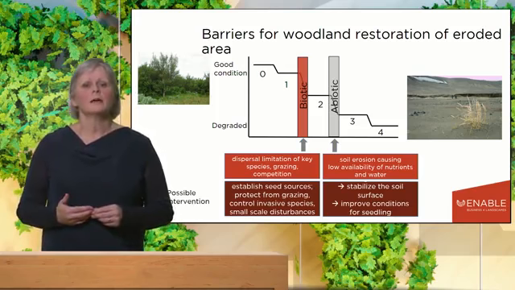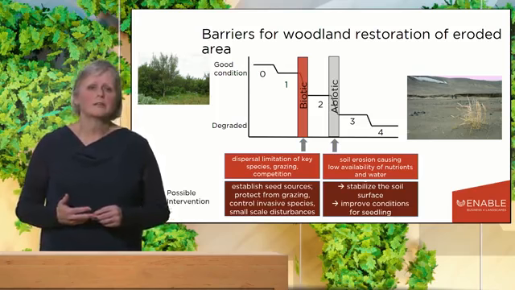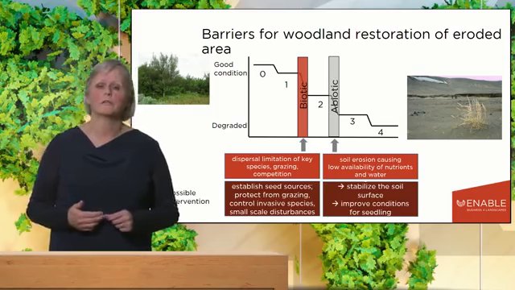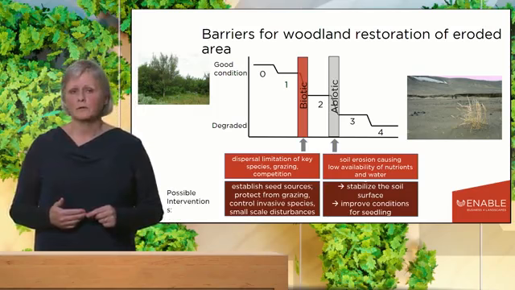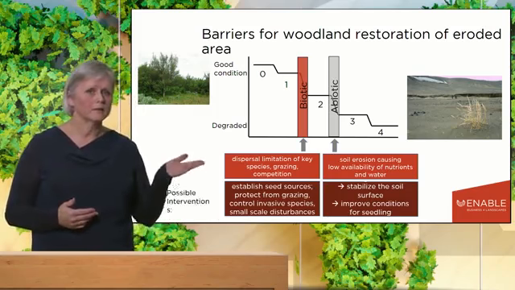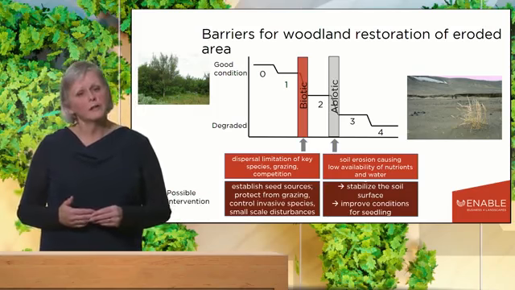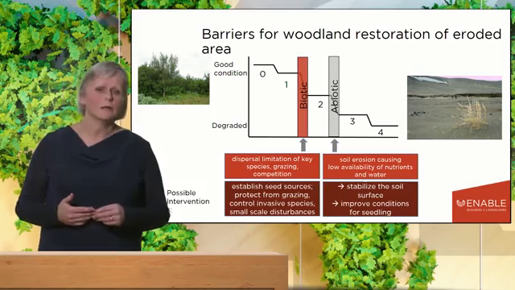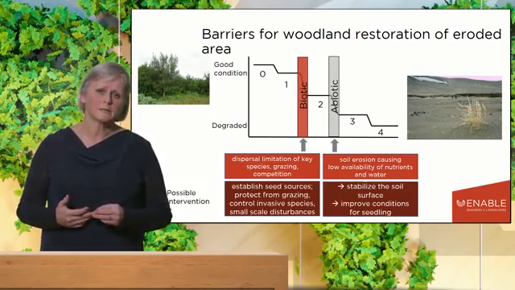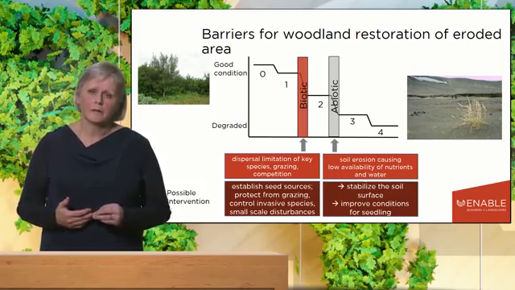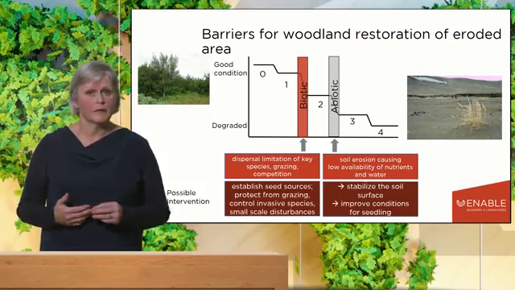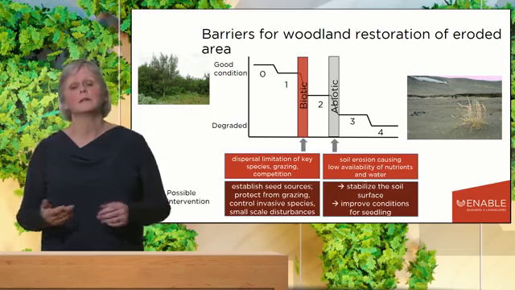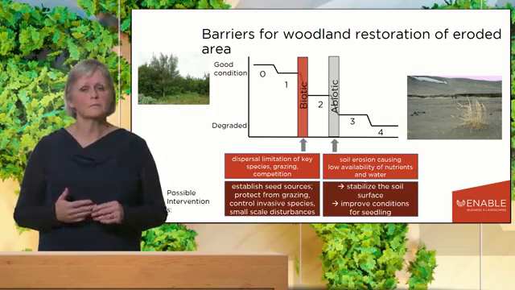Thresholds controlled by abiotic barriers generally require modification of the physical environment before recovery can occur. Ecosystems at stage 3 and 4 are more degraded and may need more interventions than if only biotic barriers are present. An abiotic barrier can, for example, be active erosion that hinders plant establishment and buildup of nutrients.